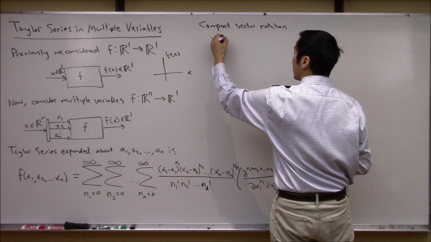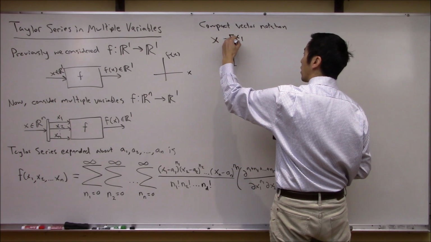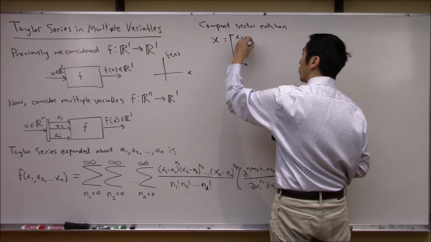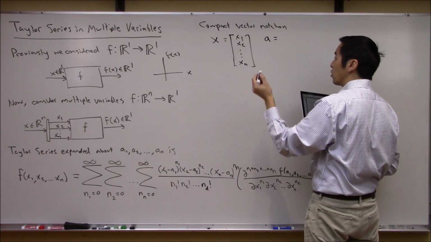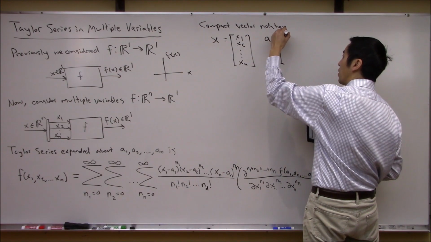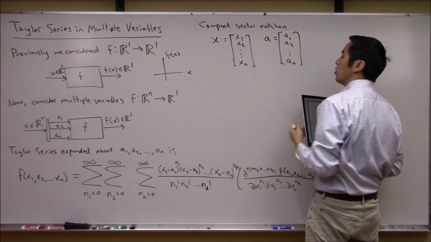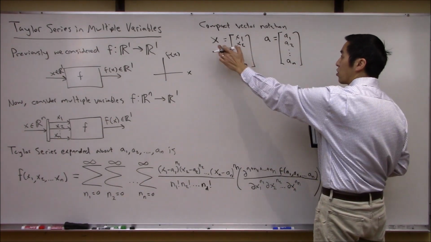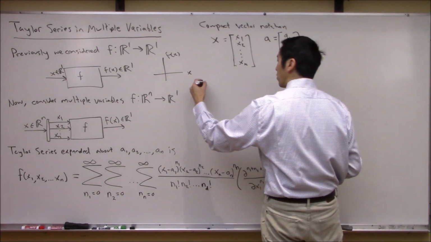So let's look at it as a vertical vector of x1, x2, all the way down to xn. Similarly, the expansion point is not just a single point any longer. It's a vector, the same thing of n elements.